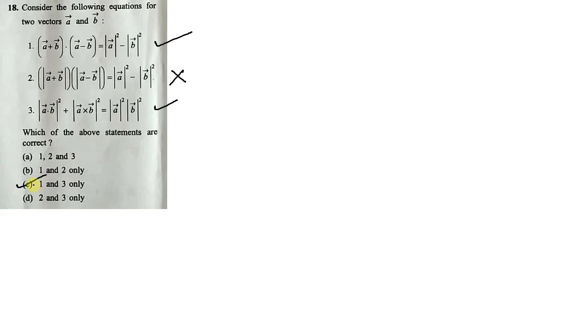Now look at the other way of solving this problem. Let's say A vector is i plus j and B vector is i minus j.